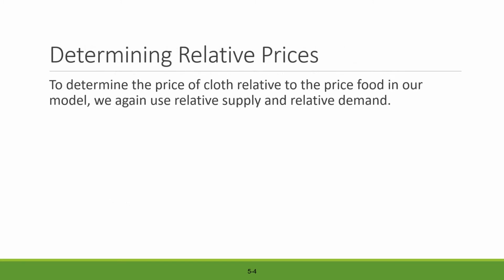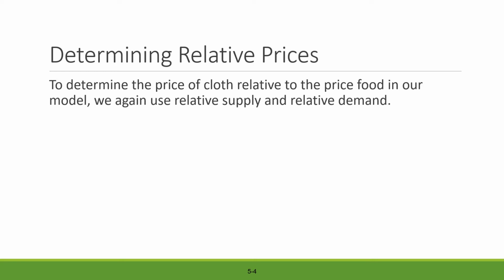Then, what determines this terms of trade, or we also call it the relative price, the price of exports to the price of imports, and that is the relative price. So, to determine the price of cloth relative to the price of food in our model, we again use the relative supply and relative demand. We have used relative supply and relative demand in the Ricardian model, as well as we have used that same concept in the Heckscher-Ohlin model.